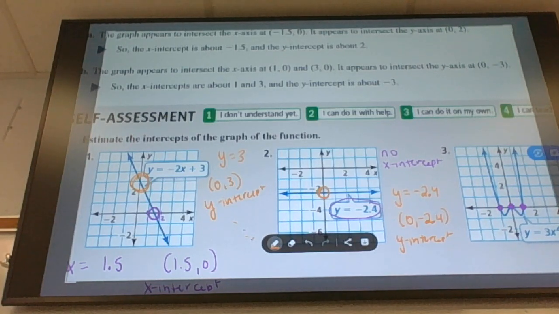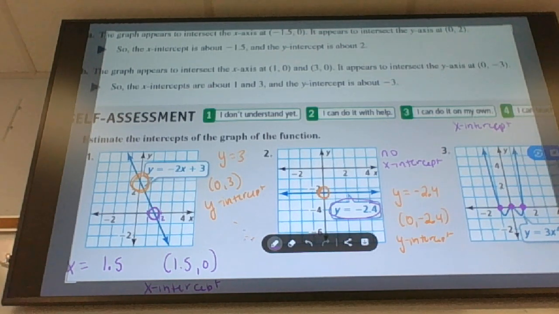Anybody else know? 12.6. Okay, we're gonna need the x's first. What do we do for the x's?